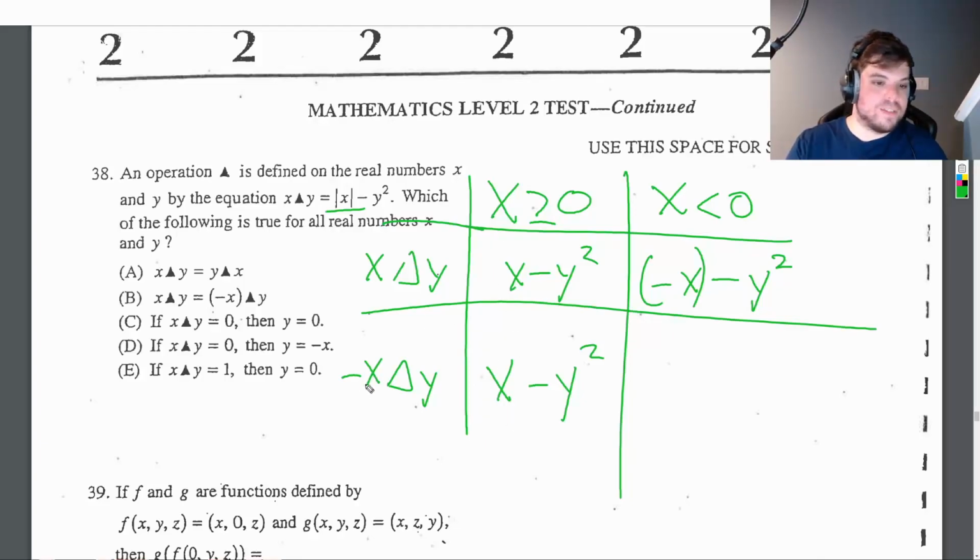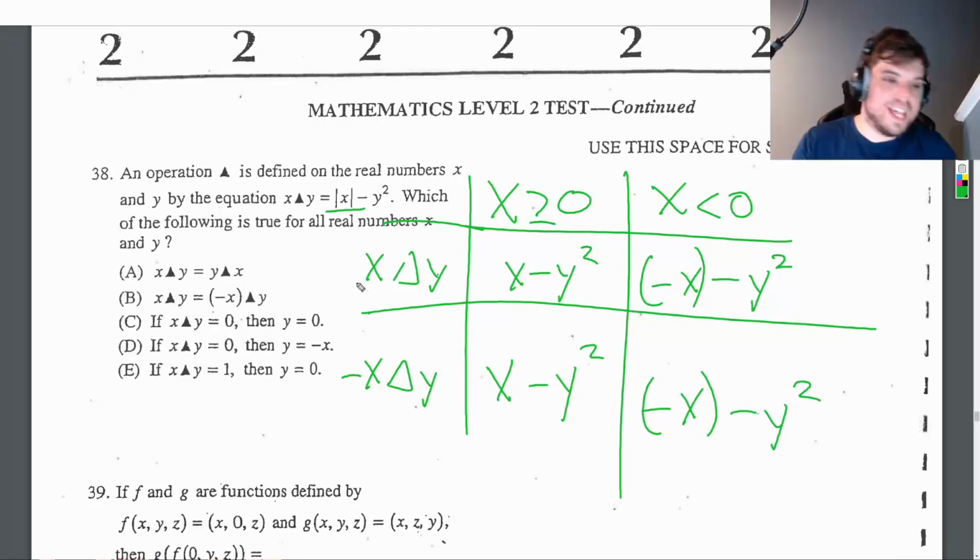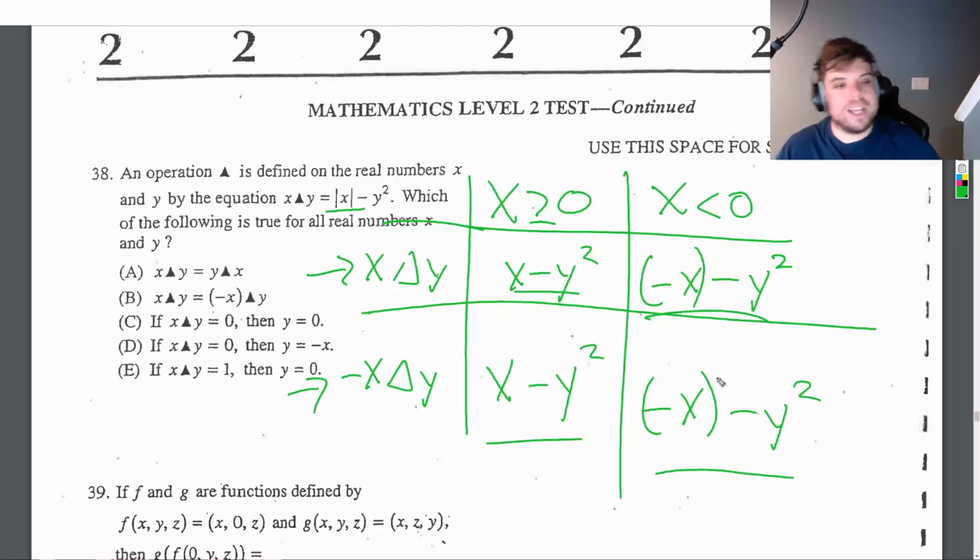Since x is positive, negative x is negative, we flip that first term. If x is negative, negative x is positive, we don't flip the first term given the absolute value. So notice that these two right here give the same answers, whether x is positive or negative. That means that B is your answer.